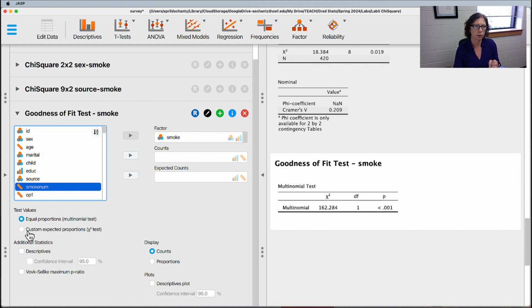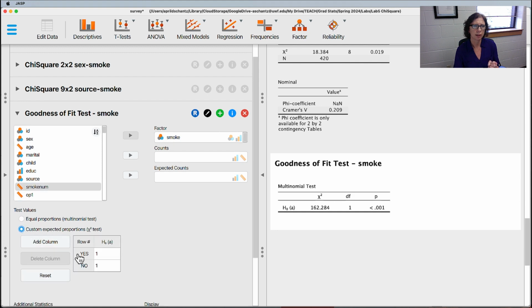So we'll go to Custom Expected Proportions, and here, those who said yes would be at 20%, whereas the ones who said no would be at 80%. So now I've indicated the proportions that I'm expecting due to the prior population or their prior work.